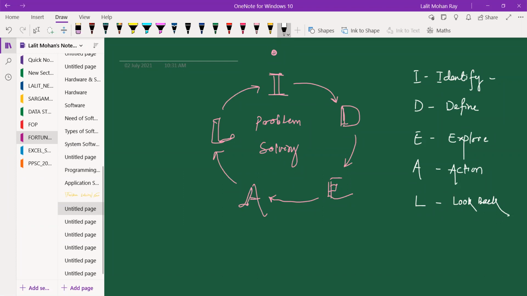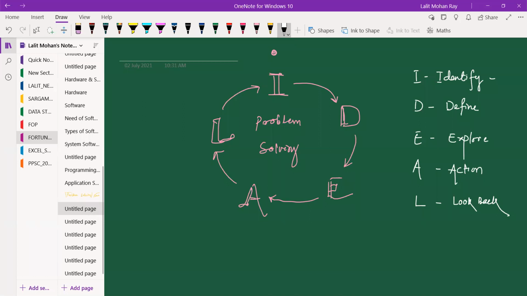Use that particular alternative, that method, that way to get your answer. So you have to apply that method. So A stands for action. You have to apply the alternative for getting the best solution.